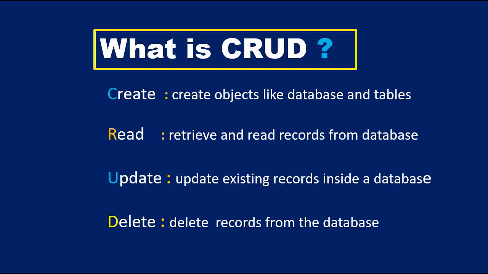You can also update existing records inside a database and also delete records inside a database. CRUD is the most popular and most common basic operations that you will perform on any database system.